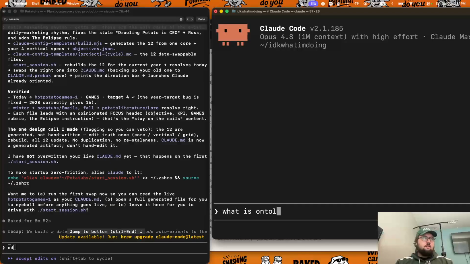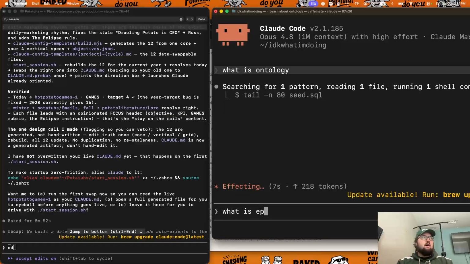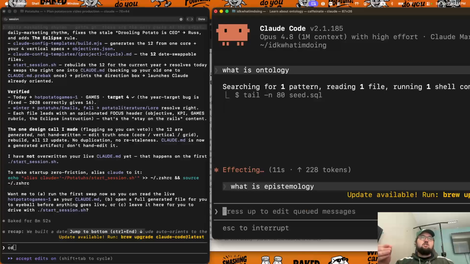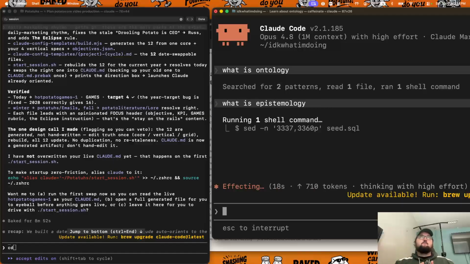So what is ontology? From my understanding, ontology is on the nature of being, and it also kind of relates to epistemology. What is epistemology? I think this is on the nature of the meaning of words, whereas ontology is on the nature of being itself. So these expressions, I used to have a coach.